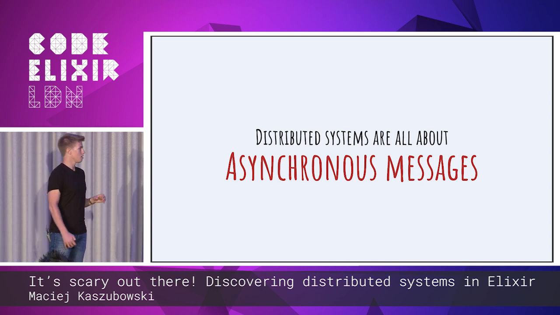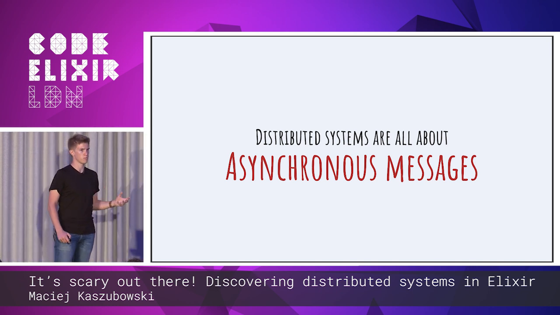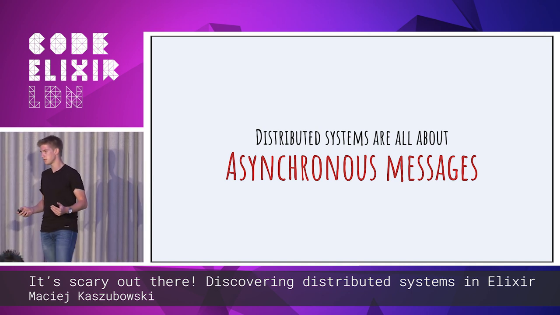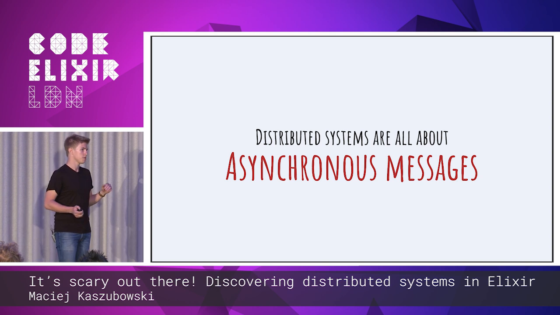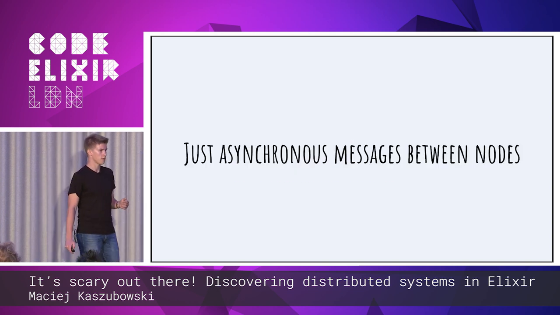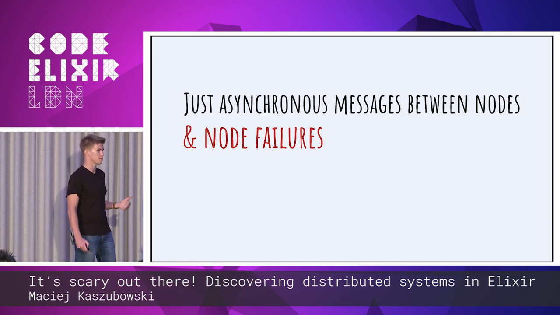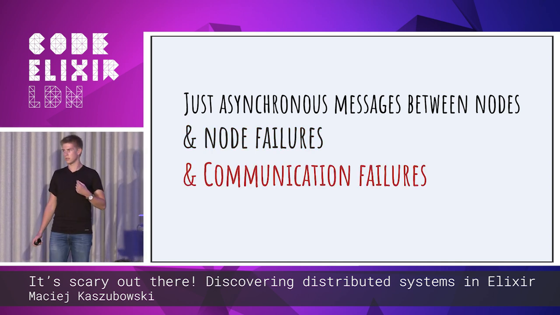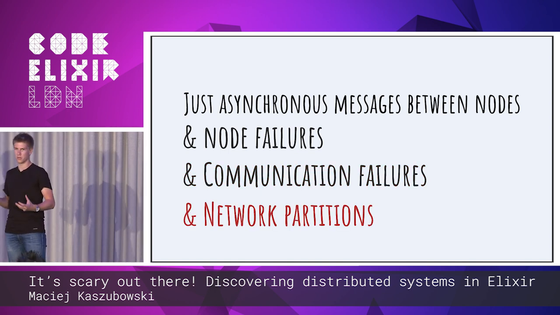And if you remember that, you are in a good position, because when you hear that some new fancy technology is solving all of the problems, you know that under the hood, there are messages. And there are only messages and failures: node failures, network failures, communication failures, because messages are lost and reordered.